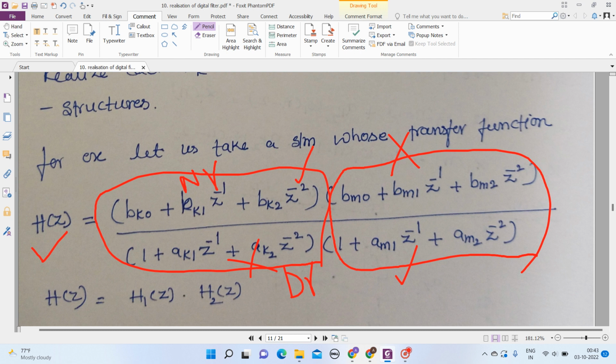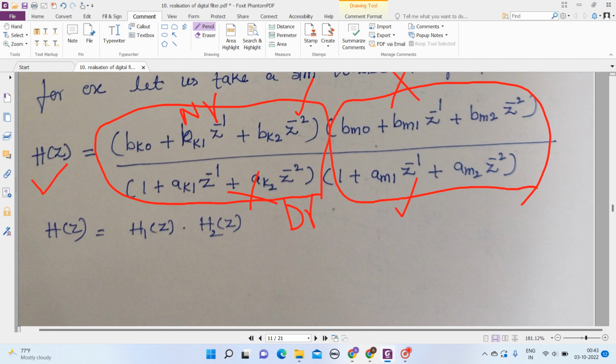For now, to fit the concept, just take this one and this one as H1(z) and this one and this one as H2(z), that's all.